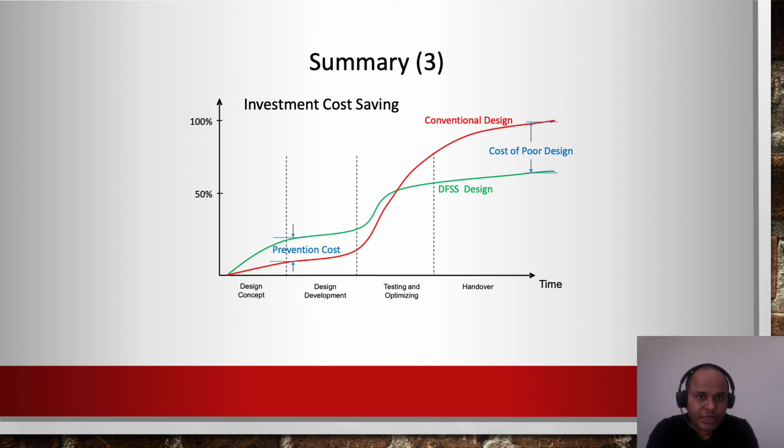If you compare with the DFSS design, initially in the design concept and design deployment it is somewhat more, but overall it is less than the cost of your conventional design. So you can evaluate the cost of your design and how it is going to impact the entire thing.